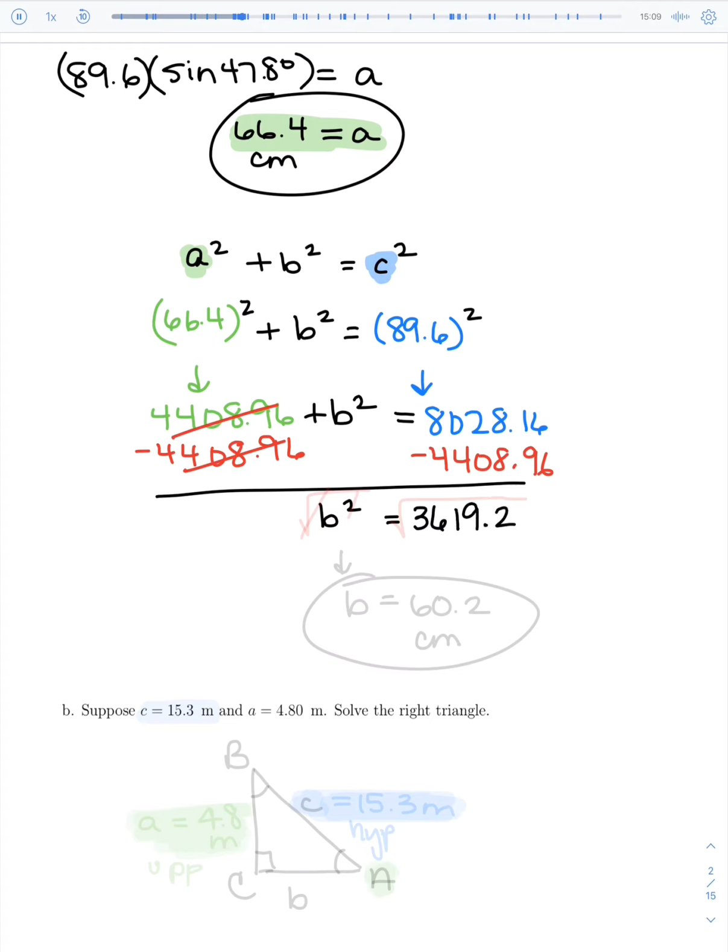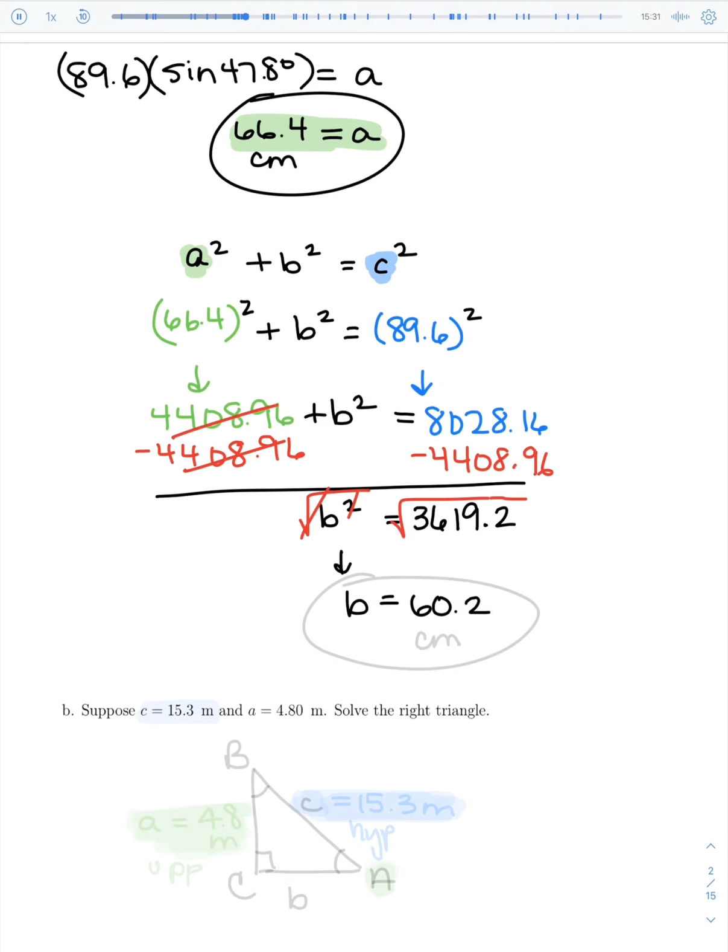And to actually get B, not B squared, we'd have to take the square root of both sides of the equation. That will get rid of the squared with the square root, leaving us with just the B that was underneath. So the question then becomes, what is the square root of 3619.2? And you get a value of 60.2.